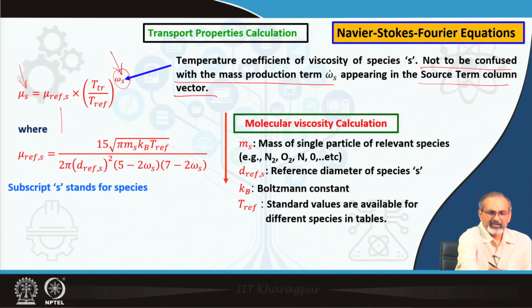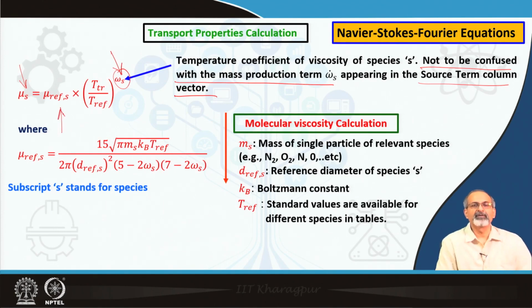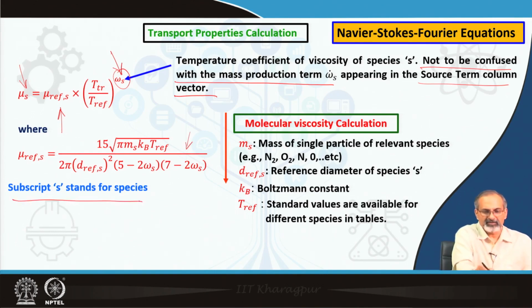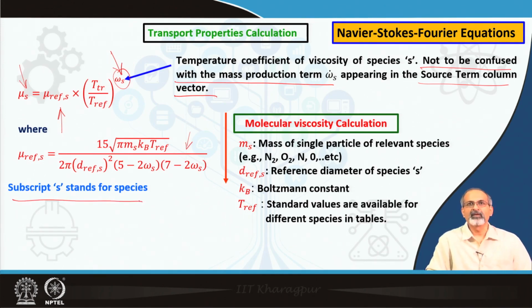Now, in this mu s equation, you have a mu ref term for each species, and if you expand that, it looks like this. There are several terms in the expression, and every time remember that the subscript s stands for species wherever it occurs. The small m s which appears here is the mass of a single particle of the relevant species, whether it is an atom or molecule.